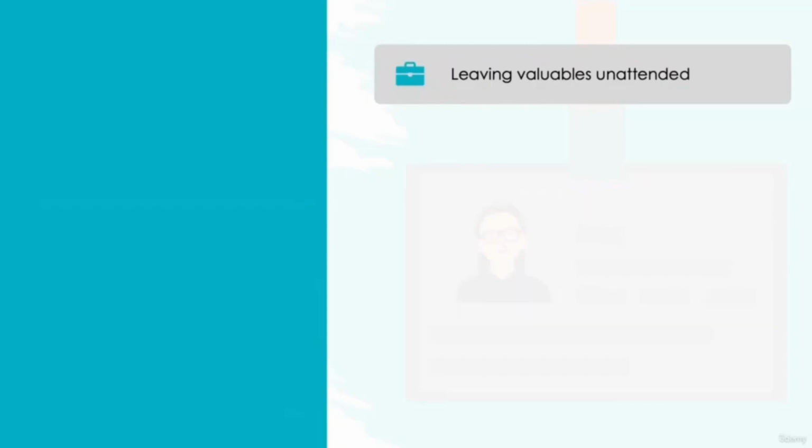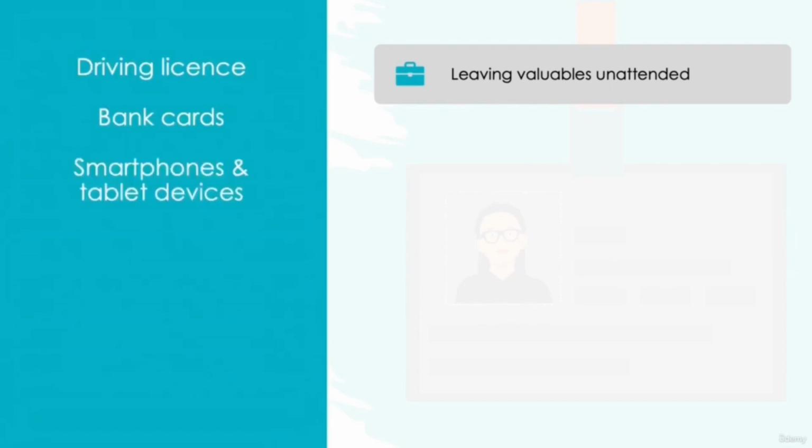Leaving your valuables unattended. Do you leave your bag or your rucksack in a cloakroom or under the desk? If so, are there any items in there which contain your personal data? These items can include your driving license, your bank cards, or any smartphone or tablet devices you carry with you.